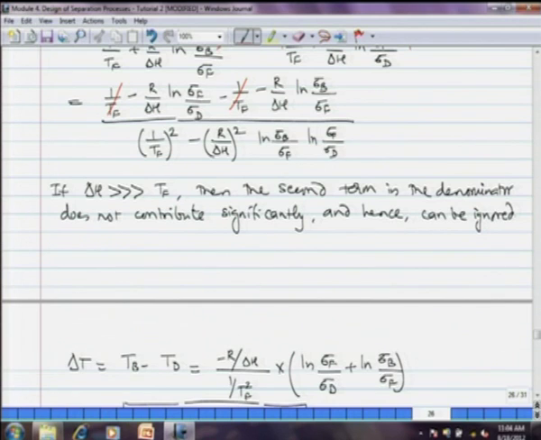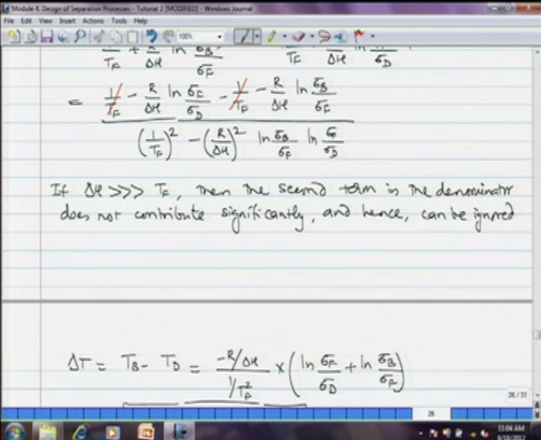So the R by delta H ratio is of the order of 8 divided by approximately 2000, so it is 0.004, and then that squared. So you are going to have a very small number as the second expression of the denominator, very small as compared to 1 by Tf square.